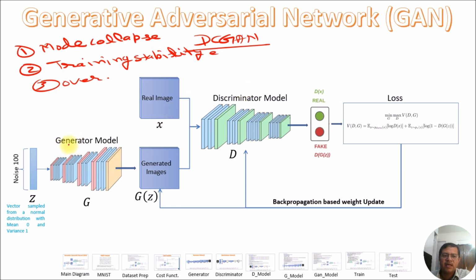In the deep convolutional GAN architecture, the system uses the convolution and deconvolution concept. So in the generator model, it uses the deconvolution concept, and in the discriminator model, it uses the convolution architecture, deep convolution architecture.